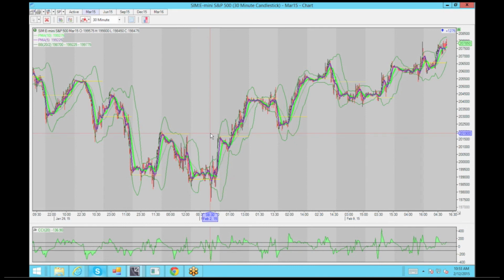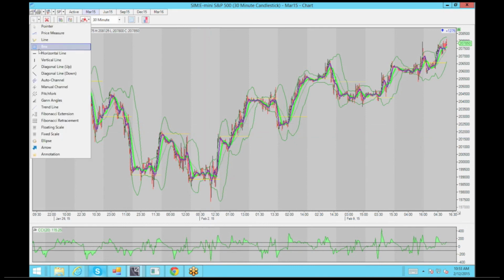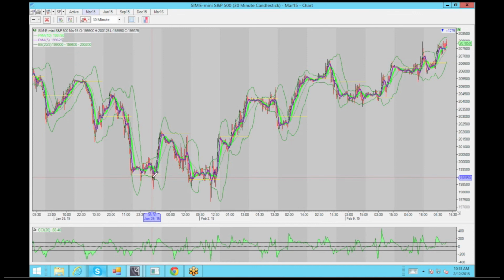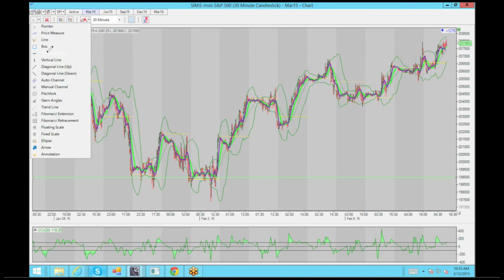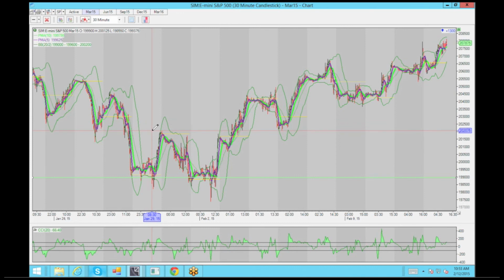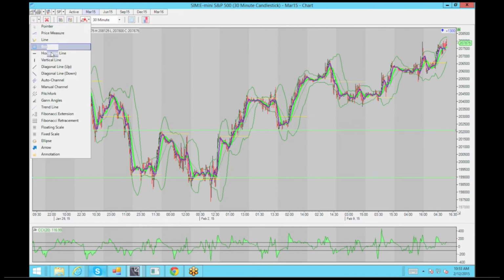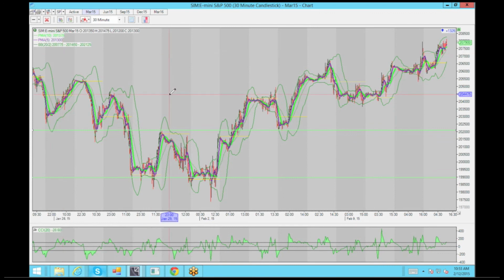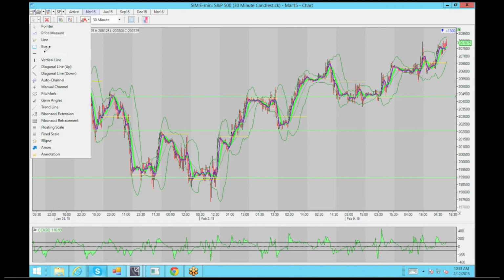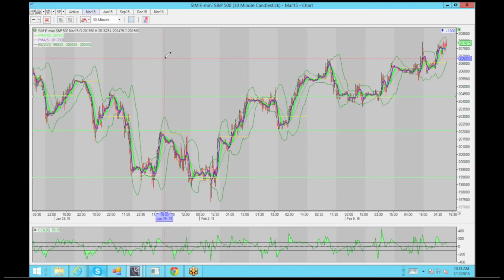This is a pretty good, you know, basically almost like a ladder effect here. You guys see that? See how this creates a ladder, like rungs of a ladder?